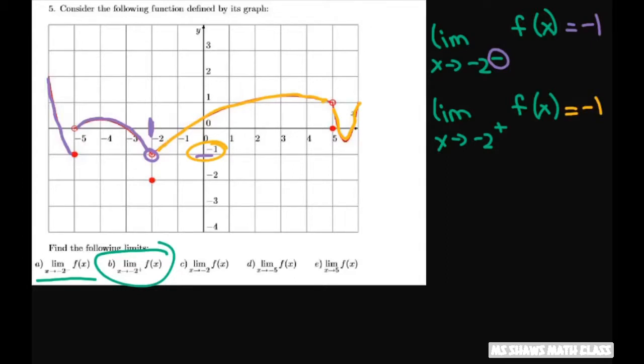All right, and now we have to find the limit as x approaches -2 of f of x. What that means is, say you and your friends want to meet up. So here's you, and here is your friend. You want to meet up at -2. So you meet up here.